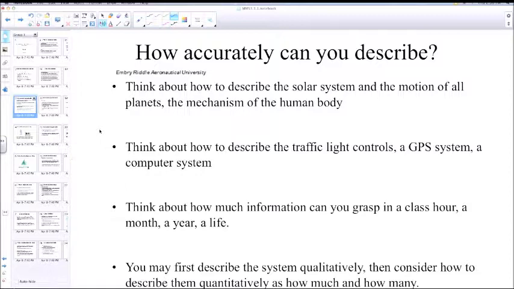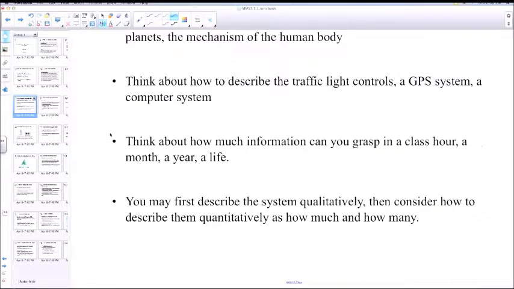And second, I ask you, how would you like to describe the traffic light? Just think about the traffic light at the corner of the busiest street in your location. And also think about how you would model your own learning process to evaluate your learning of information, knowledge, and expertise over a month, year, or a lifetime.